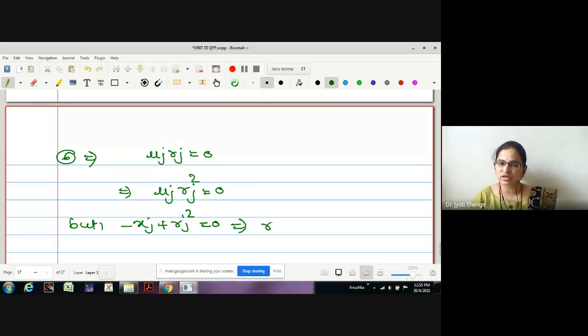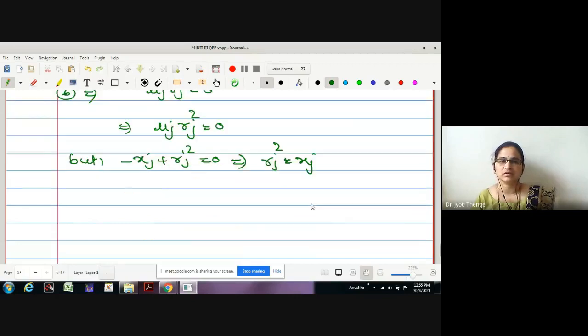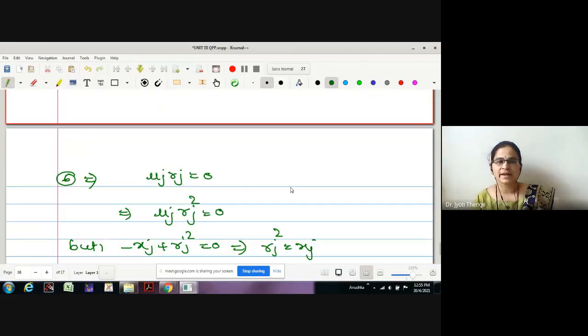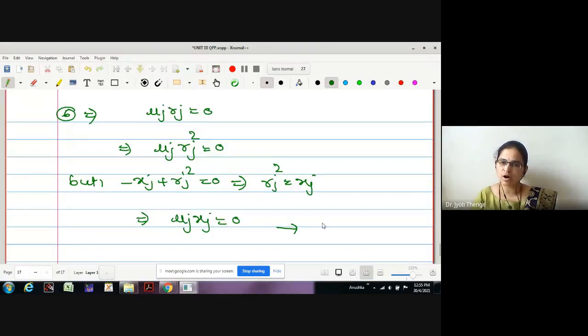Therefore, what is the value of rj square? Is it xj? Therefore, may I write this constraint as mu j xj equal to 0. Therefore, equation number 5 takes a new form, say 7, and equation 6 takes a new form called 8.